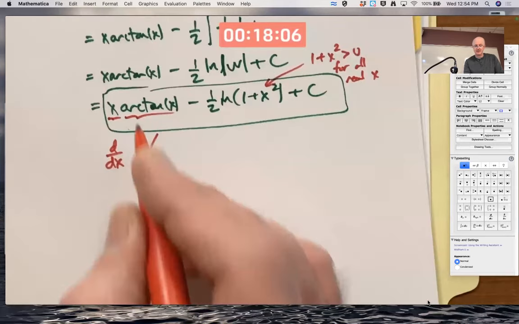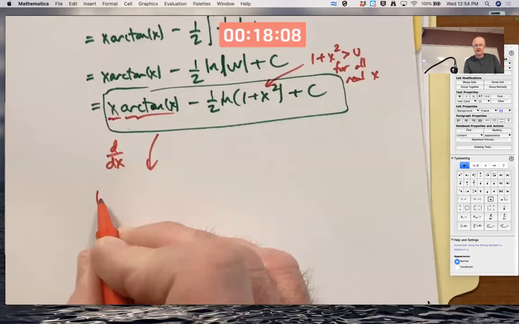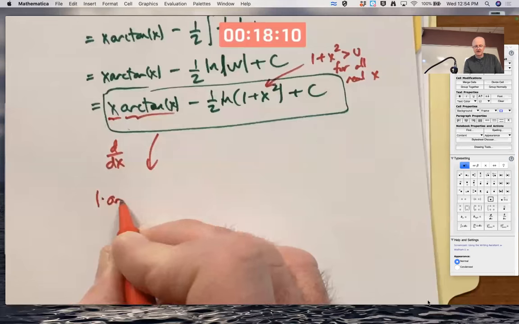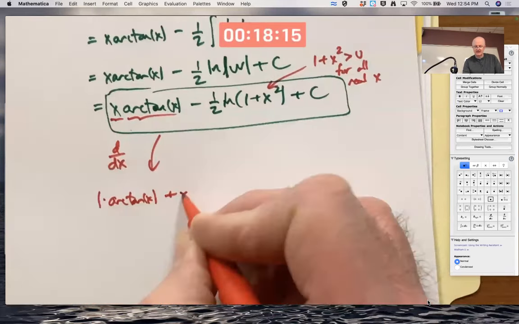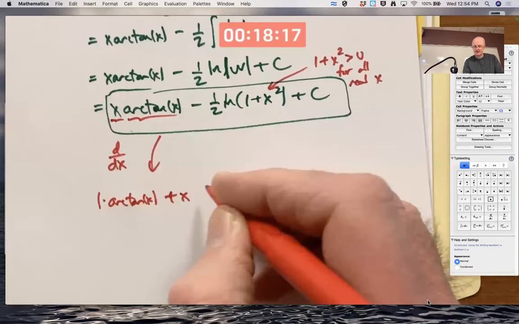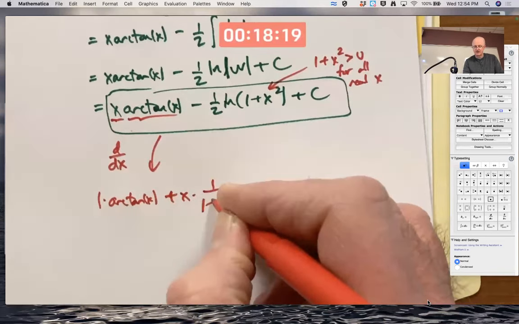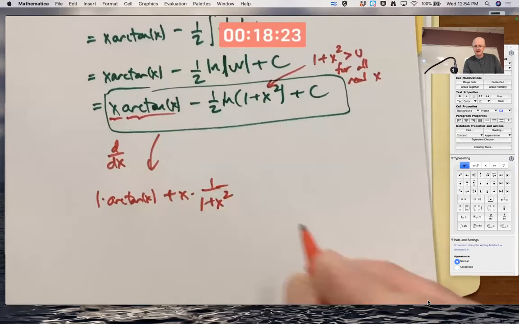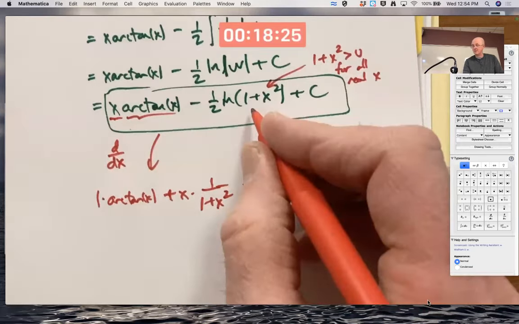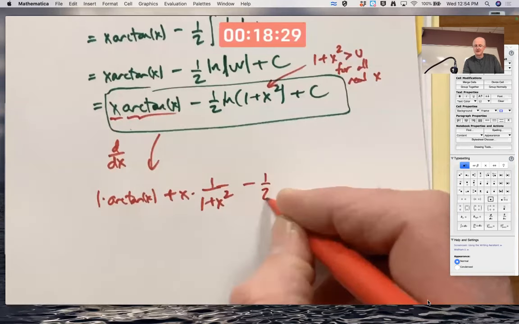First times second function. The derivative of the first, x, is just 1 times the second function, plus the first function, x, times the derivative of the second. The derivative of arctangent is 1 over 1 plus x squared. Minus now the derivative of this, which I need the chain rule for, and maybe you can start to see already how this is going to turn out.